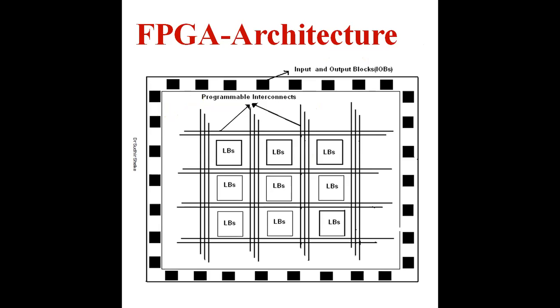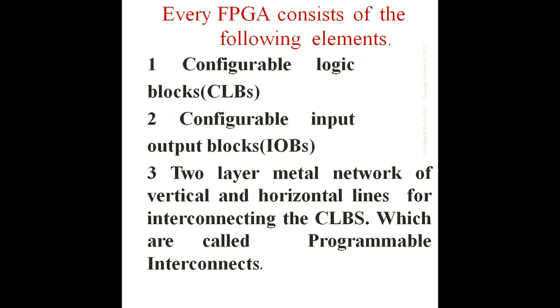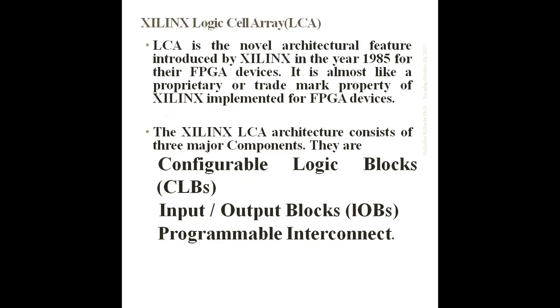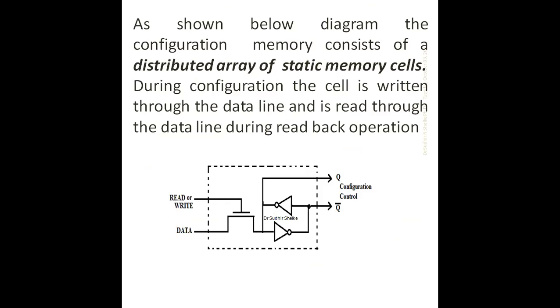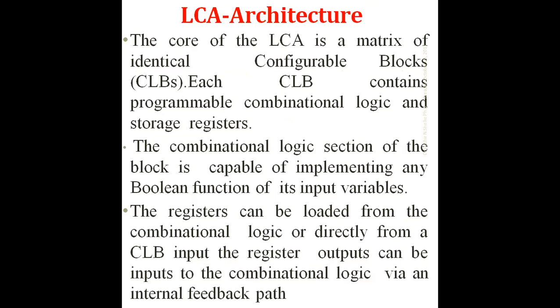Okay, it is the basic architecture. I have discussed these things: three basic elements, configurable logical block, IO block, and programmable interconnect. In the CLB, the configurable logical block consists of the combinational logic section of the block, capable of implementing any Boolean function of its input variables.